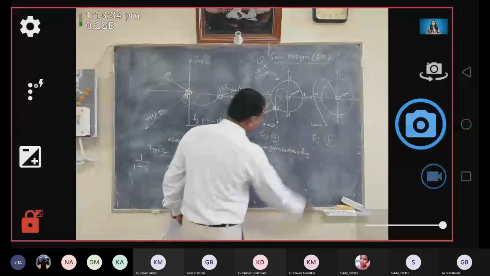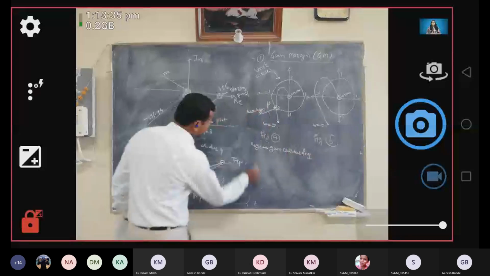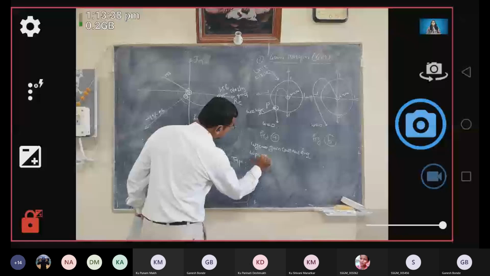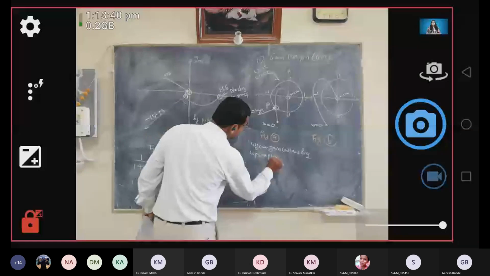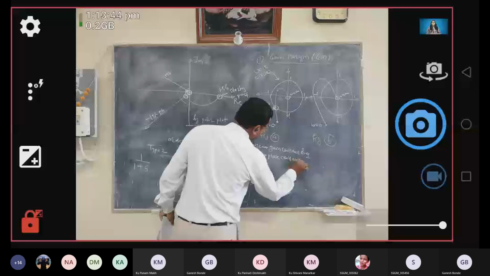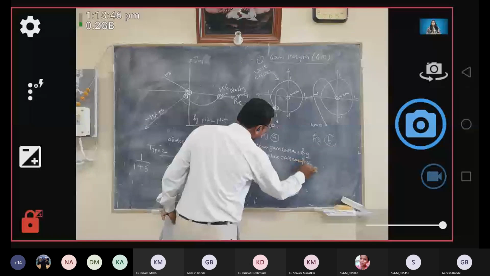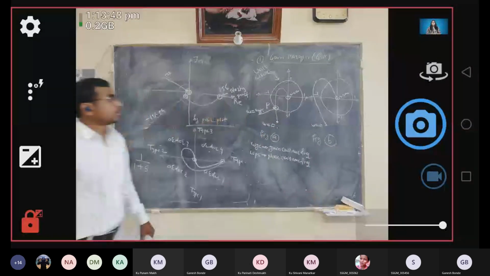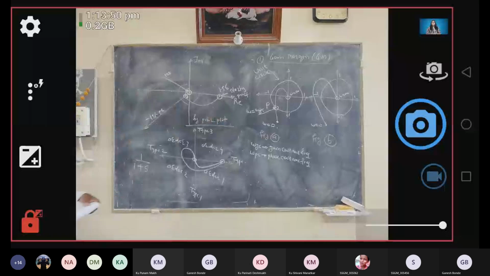And the second term is omega PC, which is nothing but the phase crossover frequency. So these are the two important terms.